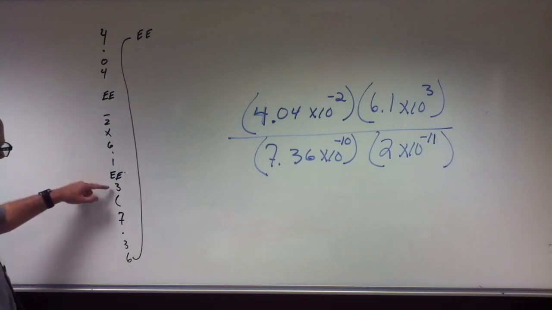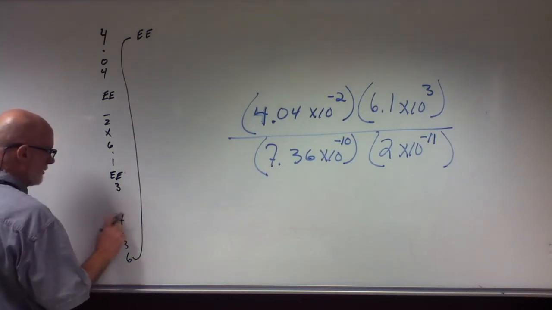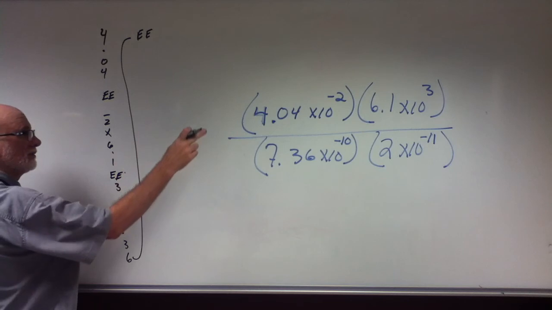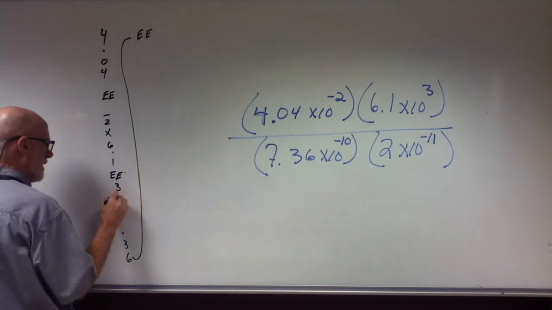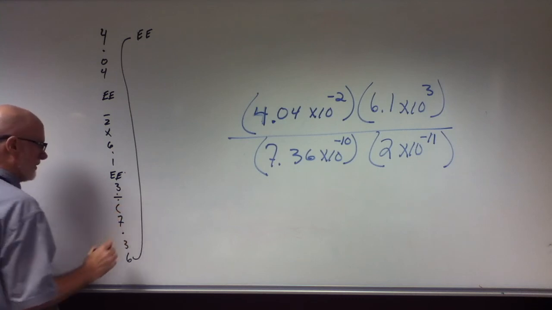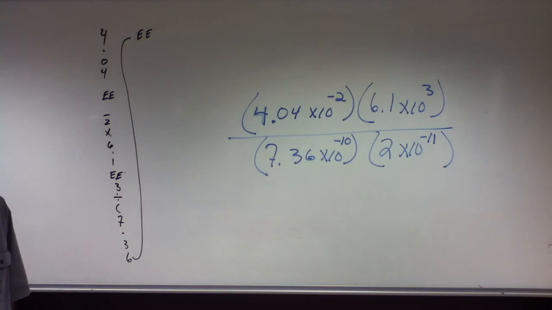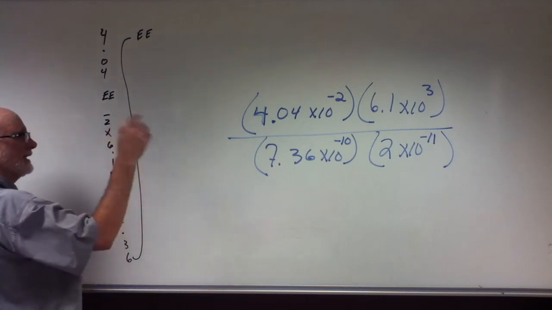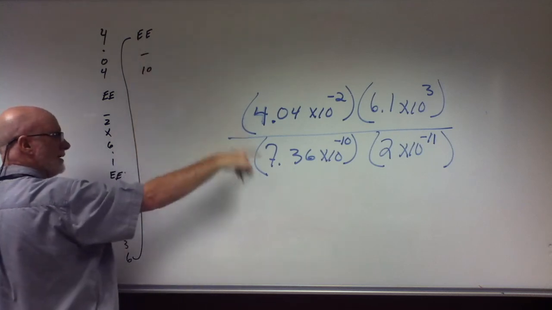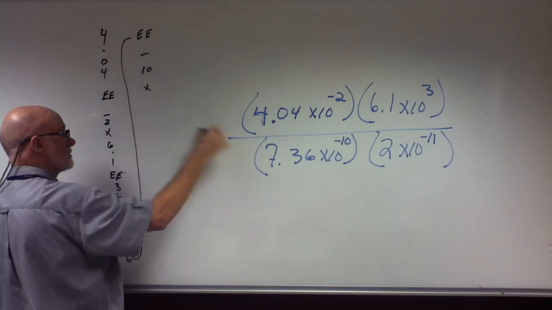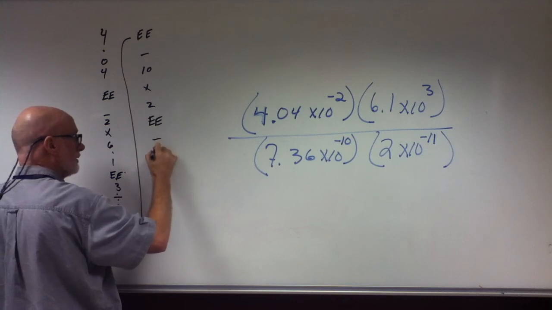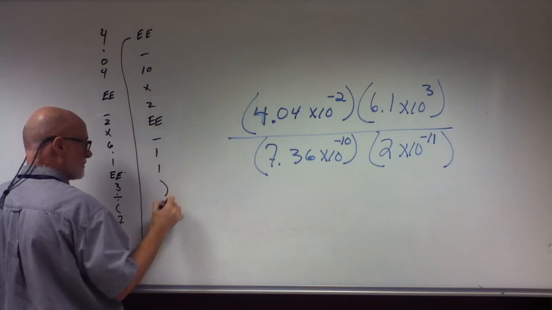Yeah, divided. Oh, sorry, I should say that. Linda, extra credit. Well done. So EE 3, and then divided by open parentheses 7, EE negative 10 times 2 EE negative 11, close parentheses, equals.